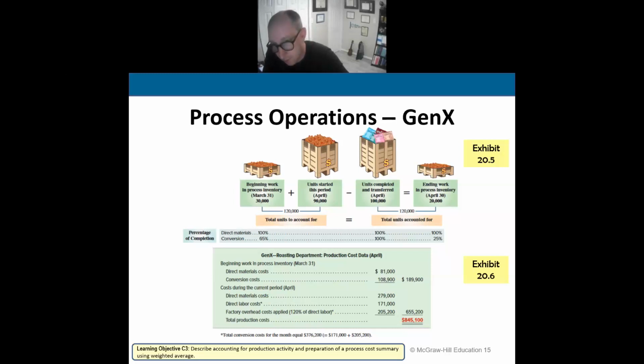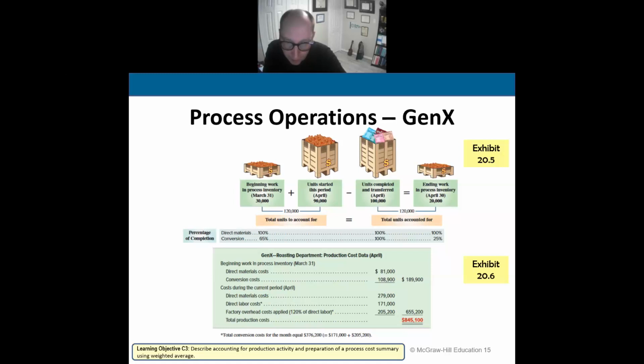It's 120% of the direct labor amount. That's, remember, the fixed factory overhead rate that we talked about. Or the estimated factory overhead rate that we talked about. I add up my direct materials, direct labor, and factory overhead to get 655,200.